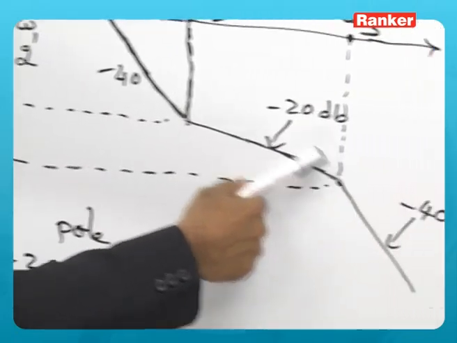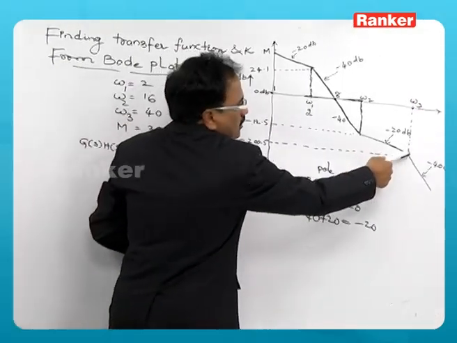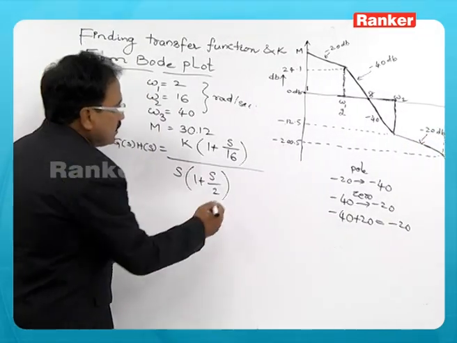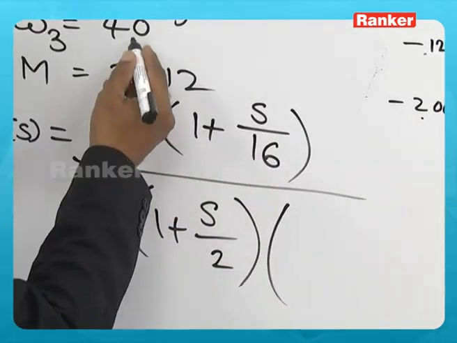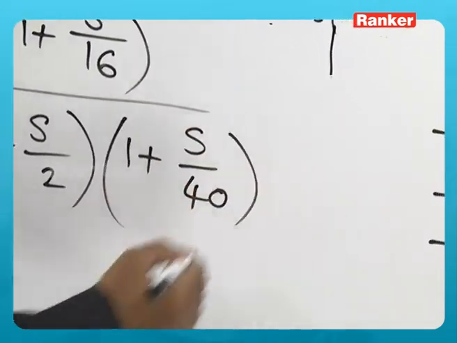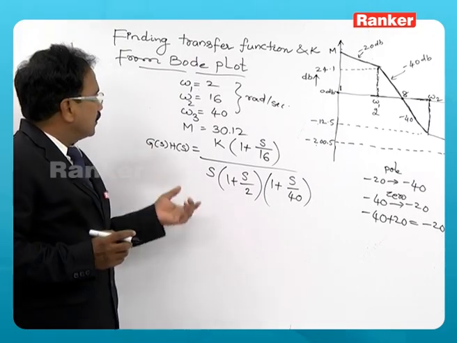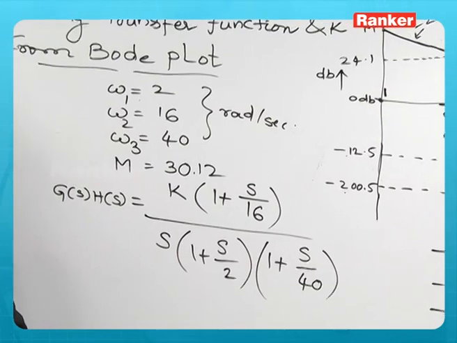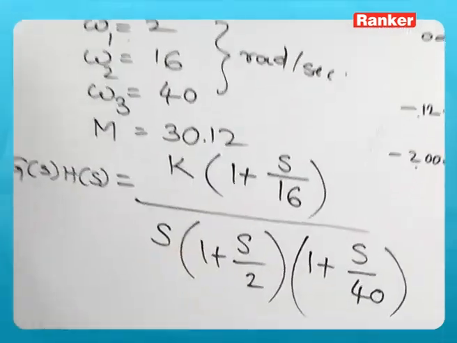Then a zero was added here to become minus 20. It is already added. Now, at this omega 3, the slope has become minus 40. That means another pole is added to that, and its corner frequency is 40. So, 1 plus s by 40. So, this is the way that a transfer function is obtained with the help of corner frequencies 2, 16 and 40; we should be able to write.